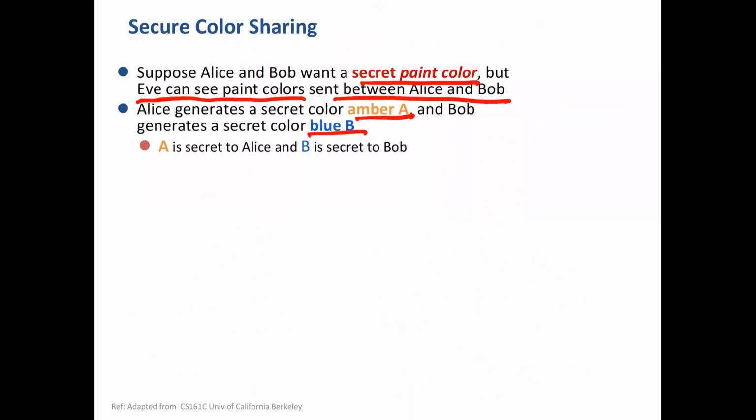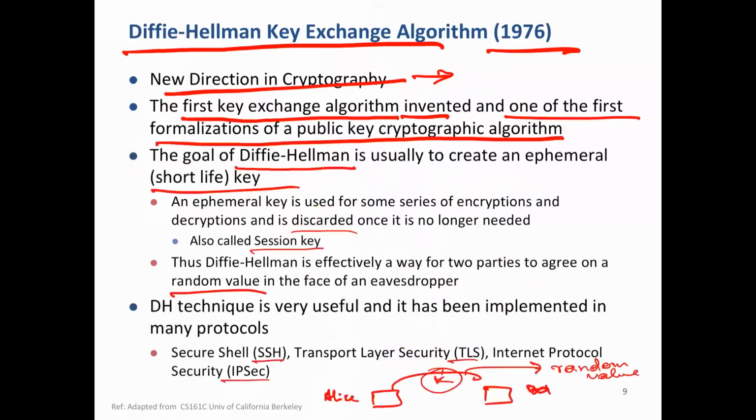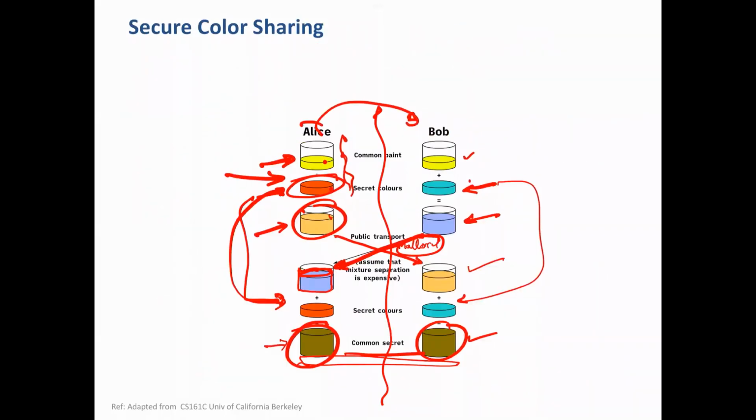So Bob generates color blue, Alice generates color A. A is secret to Alice and B is secret to Bob, that we know. And they agree on a common color green, G, which is available to everyone, like here.